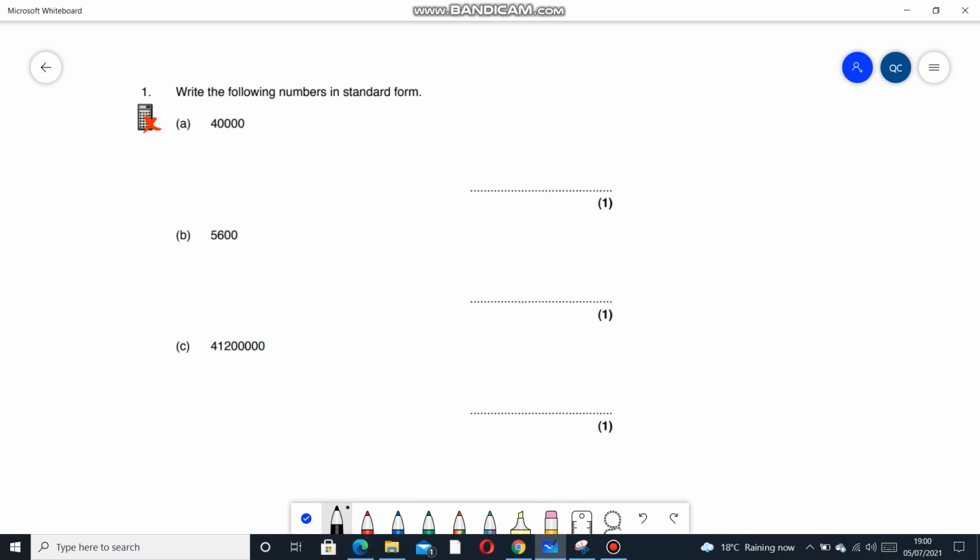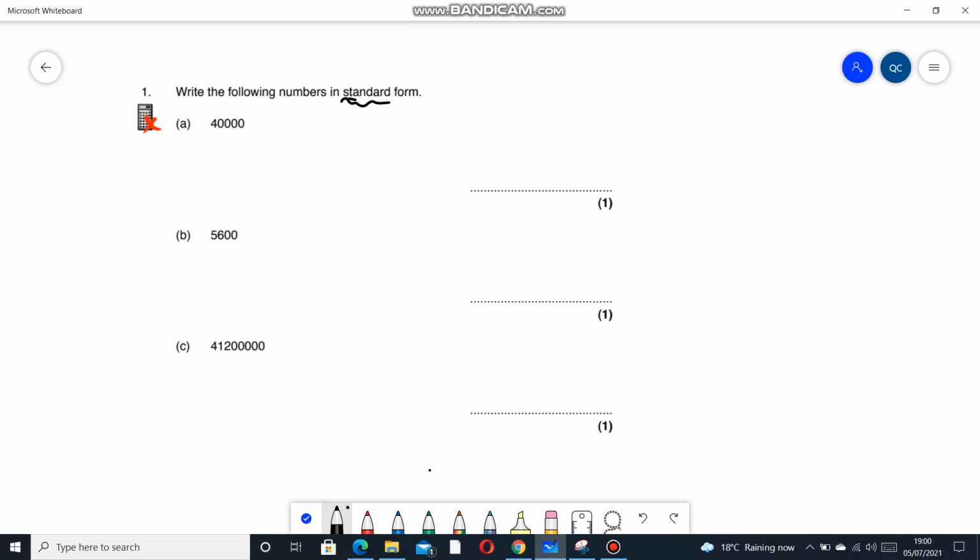In questions where we have very, very large figures, we don't want to write them out like that as mathematicians. So we need to write the numbers in standard form.